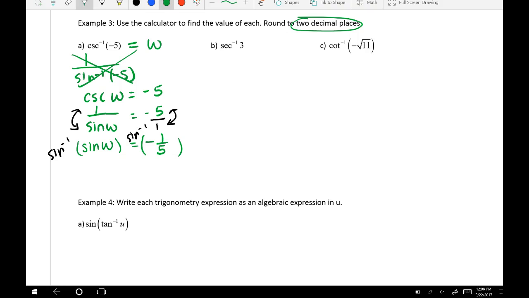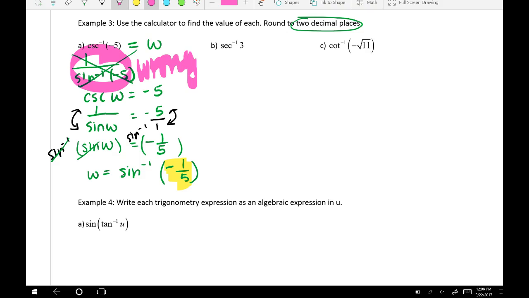Because I did that, this and this go away. So W equals sine inverse of -1 over 5. See, this is where I'm flipping. Let me highlight this: you are not flipping this. See this right here? Wrong. You are flipping the ratio of the sides.